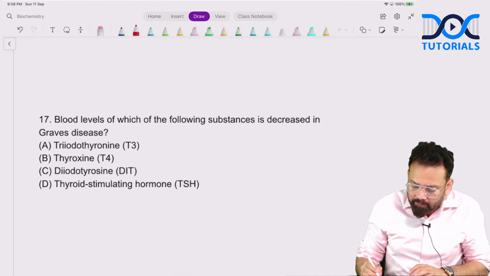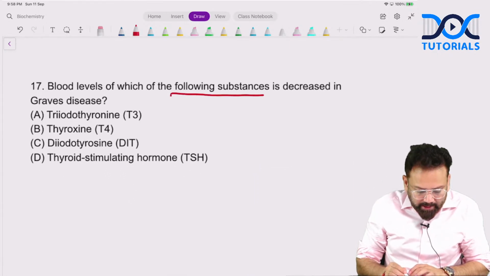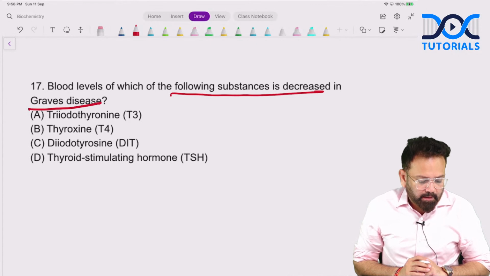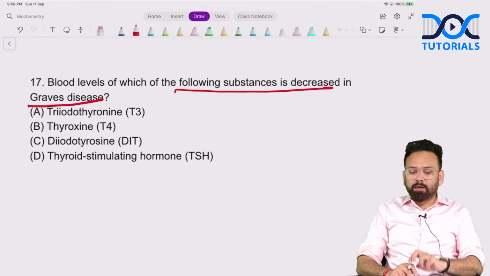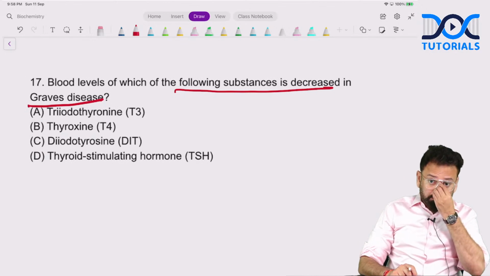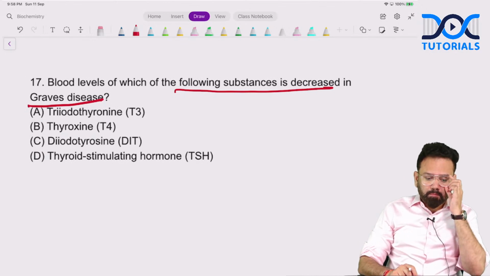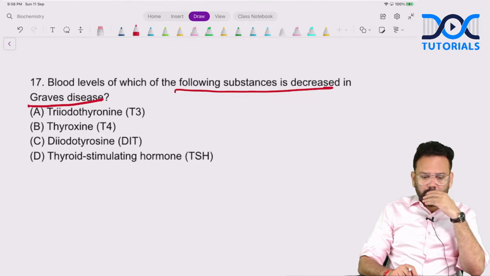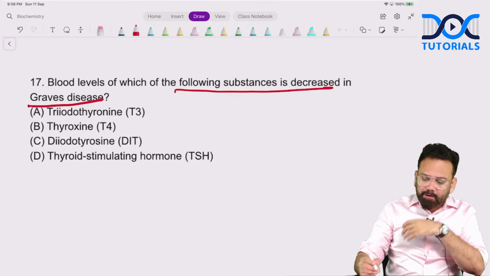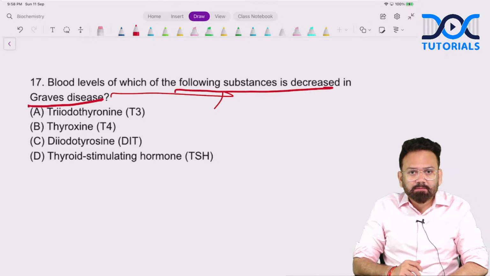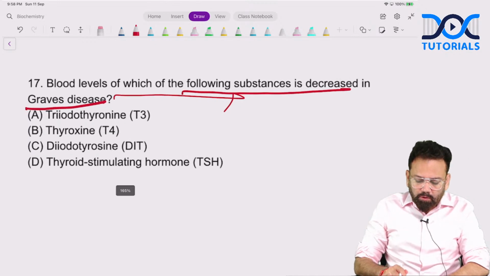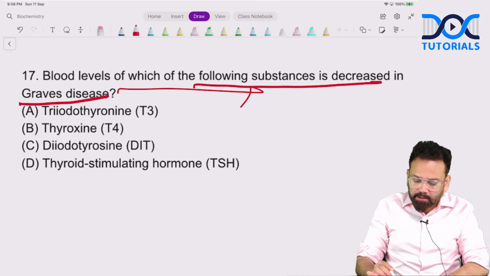Blood level of which of the following will be decreased in Graves' disease? Graves' disease is what? Hyperthyroidism. In hyperthyroid, what is less?